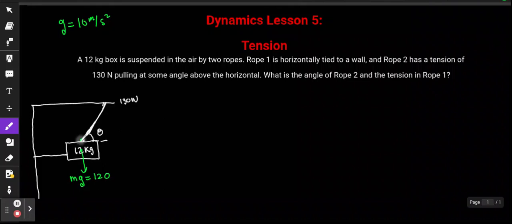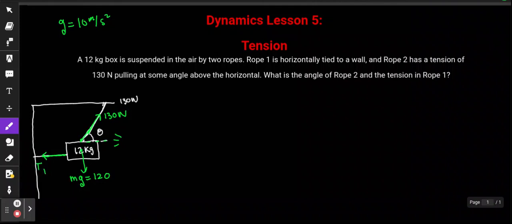We know that there is a tension force acting at 130 newtons at this unknown angle. And if we break up this 130 newton tension into x and y, we know that the x component acts to the right. That means that the tension in rope 1 has to be to the left. So there is an unknown tension pulling to the left.